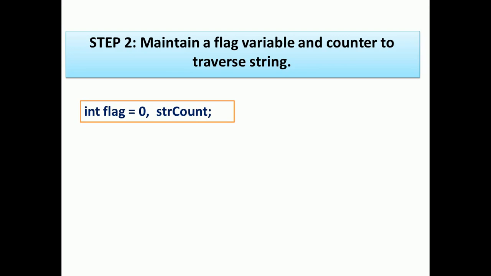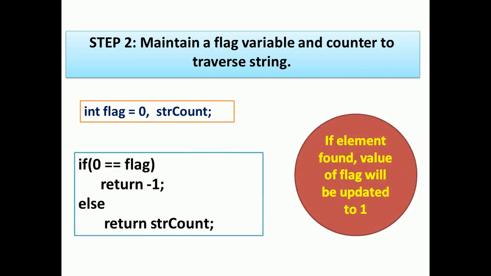So if we encounter such a character in the given string, then we will update the value of the variable flag to 1. This is how the code snippet of that condition will look. If the value of flag is not updated to 1, then we will consider that no such unique character is present in the given string.